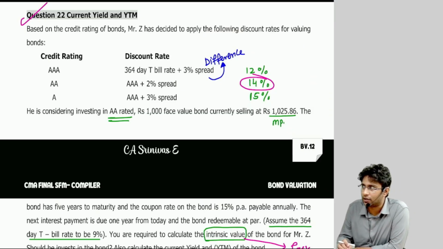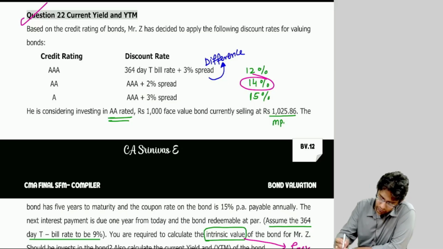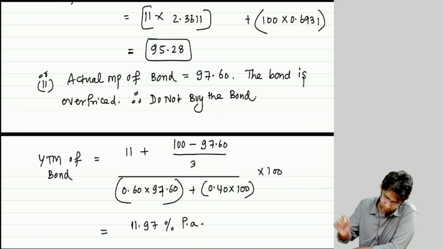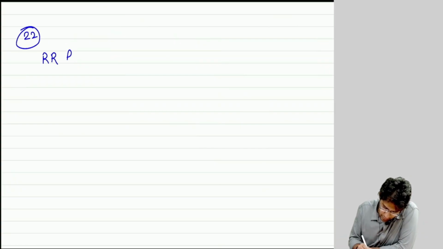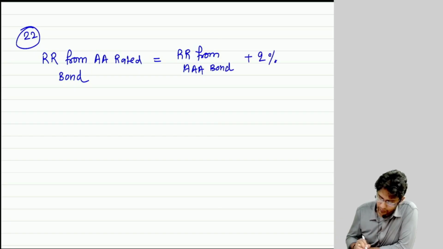Required return from AA bond is equal to required return from AAA bond plus 2%.